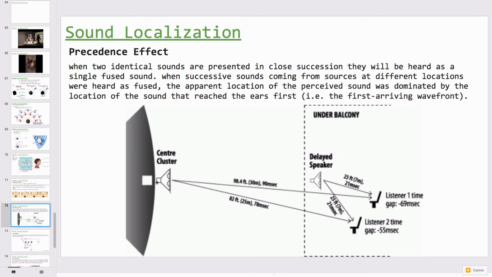So what happens is you'll hear the sound here, and you'll hear the same signal but slightly delayed, and it'll still sound like it's coming from over here, even though you have the speaker close to you. But you'll have a little extra power, so even though you'll perceive it as if it's coming from here, you can actually hear it more clearly because it's coming to you from both this speaker and that speaker.